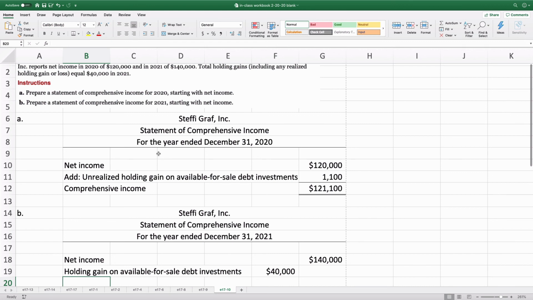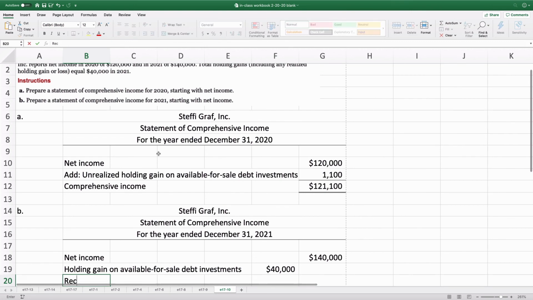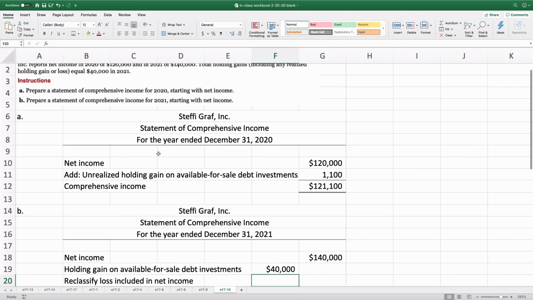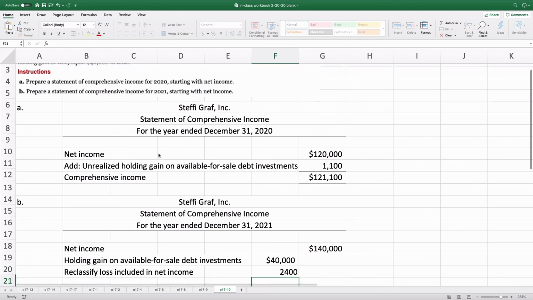And so what we're going to do is we're going to reclassify loss included in net income. And that means that we are going to take it out of the holding gain, or the holding, it was really a holding loss, and that's going to be added to this gain because it was a holding loss of $2,400.